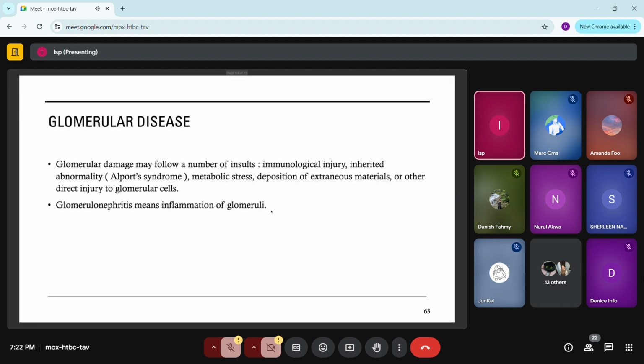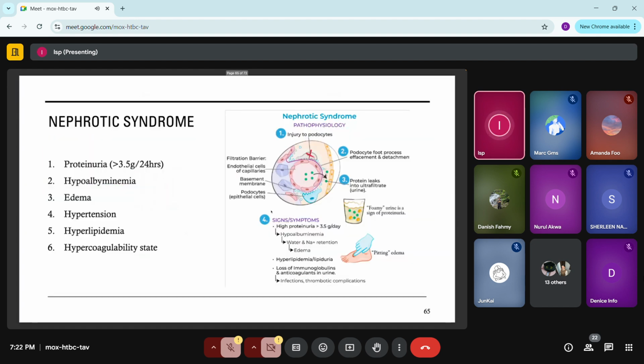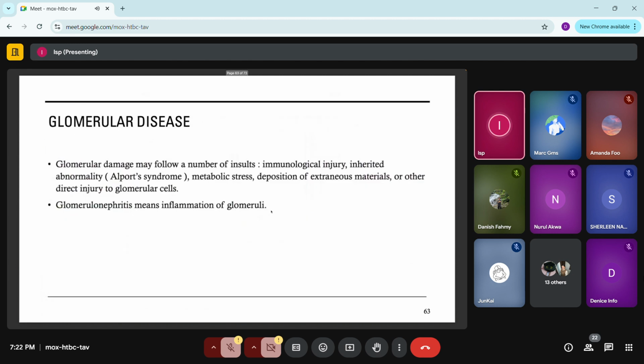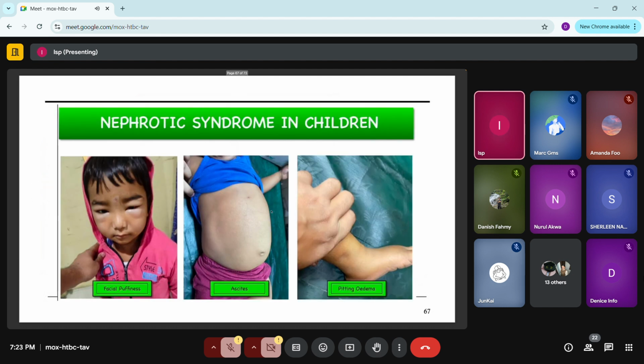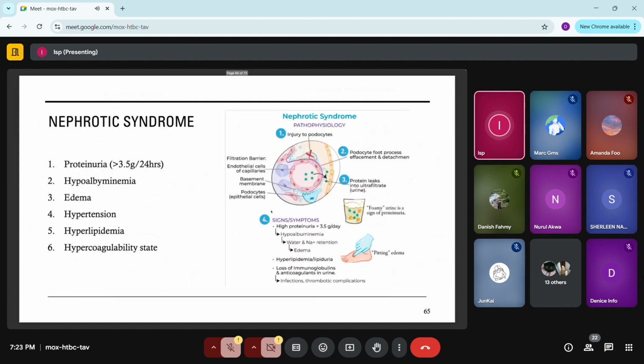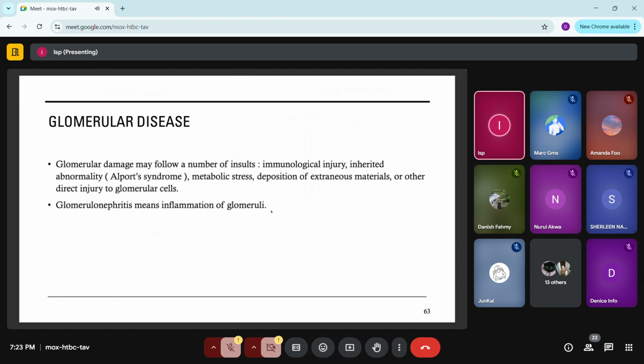Okay, so now we move on to the next stage, which will be glomerular disease. This is something more complicated. I do not expect you to understand everything of it. Just try to remember the concept of glomerular disease.